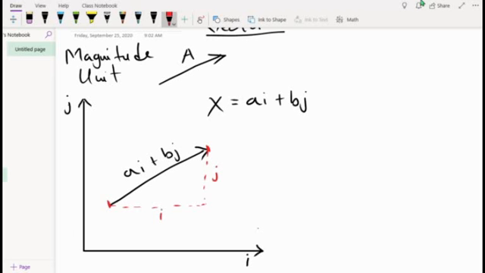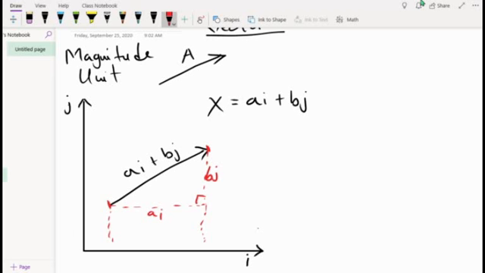The length along the x-axis represents a, while the length along the y-axis represents b. To get the length of this arrow, we simply use Pythagoras theorem.